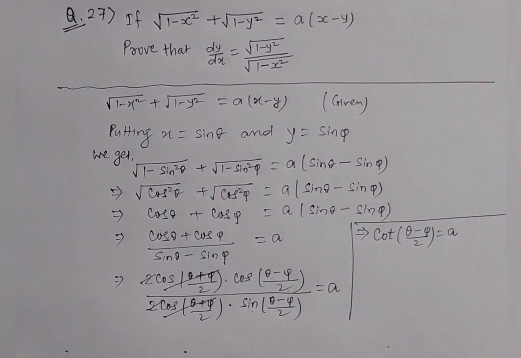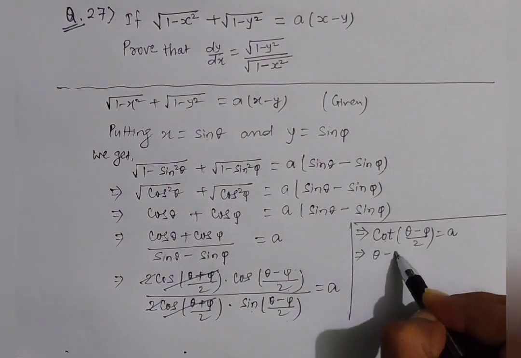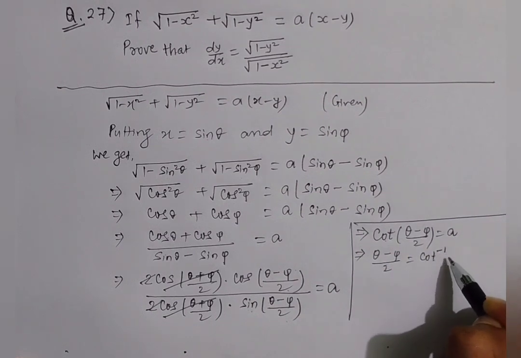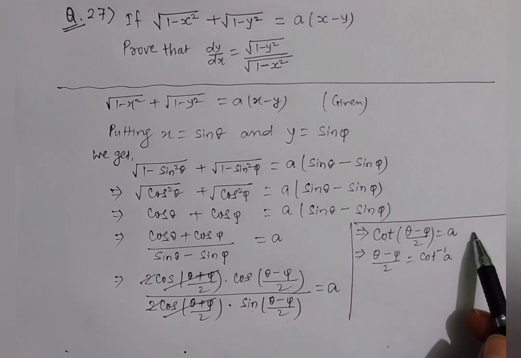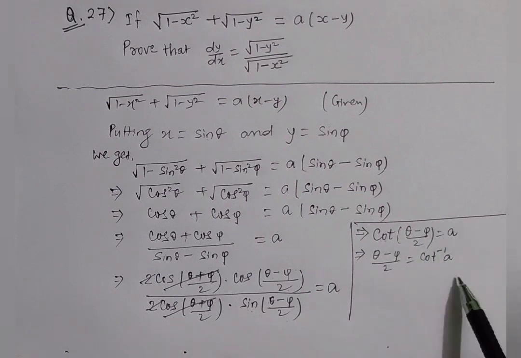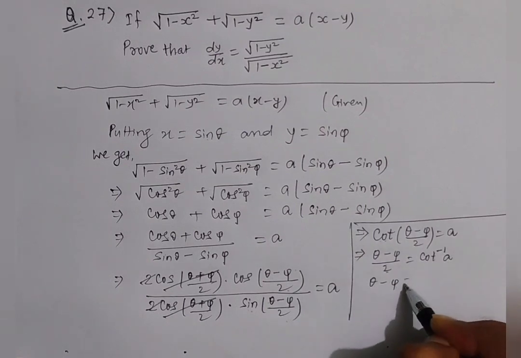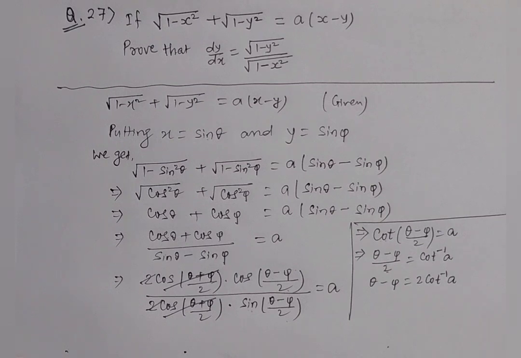Now what we have to do, we can shift this cot to right side. So we get theta minus phi by 2 equals cot inverse a. When we shift cot to right side, it becomes cot inverse of a. We can shift this 2 as well to right side, so we will get theta minus phi equals 2 cot inverse a. Now before differentiation, we must convert theta in terms of x and phi in terms of y.